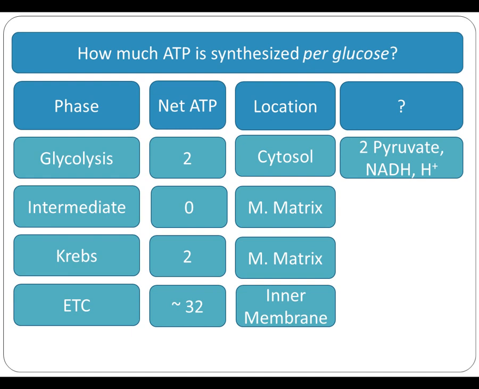The intermediate step makes for us a molecule we care about called acetyl-CoA. It does make NADH and also releases carbon dioxide. So we care about the acetyl-CoA, but carbon dioxide is liberated. If it's in your body, it goes out into your blood, and in your lungs, into the atmosphere.